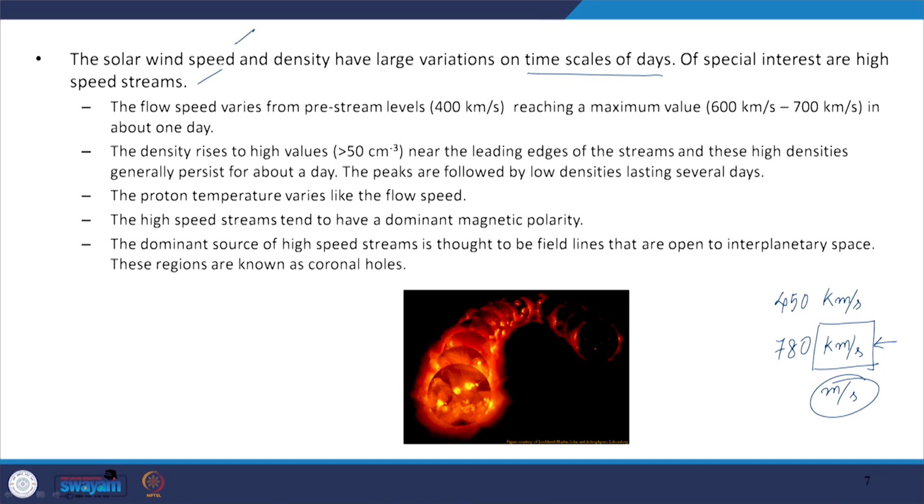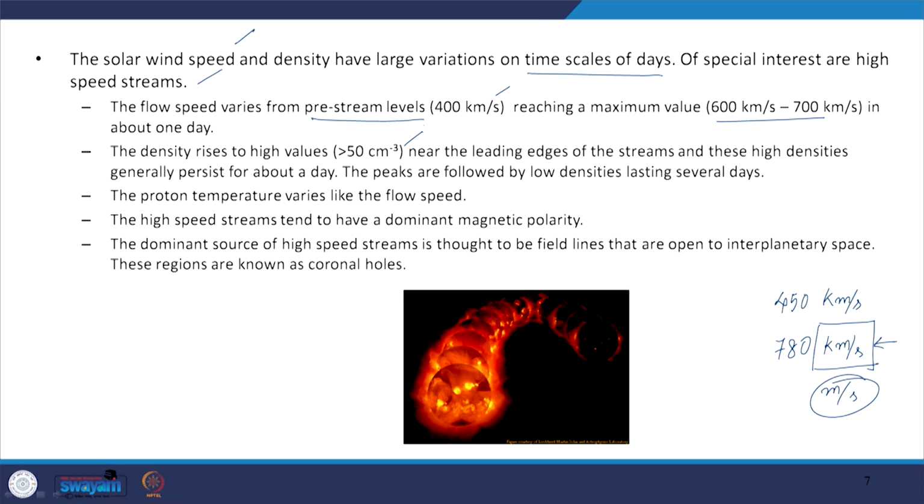The flow speed varies from pre-stream levels, let us say 400 kilometers per second, reaching a maximum value of 600 to 700 kilometers per second in just about one day. And the density rises to high values of, let us say, 50 particles per centimeter cube near the leading edges of the streams, and these high densities generally persist for about one day. What triggers these large values of densities or large velocities is of particular interest.